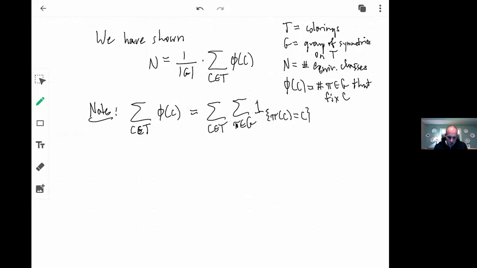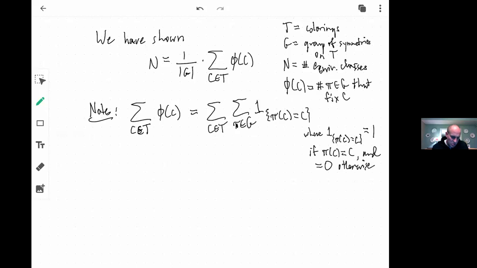Okay, what does that mean? So where, let me just say, where the indicator is equal to 1 if pi of C equals C and equals 0 otherwise.